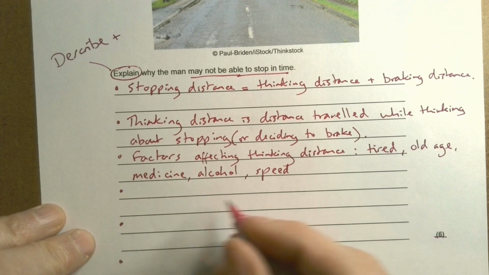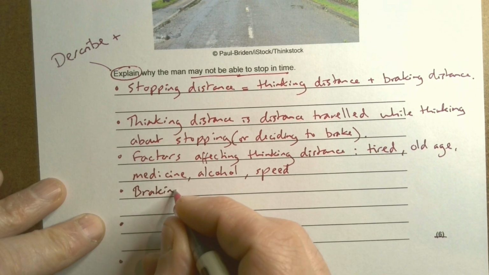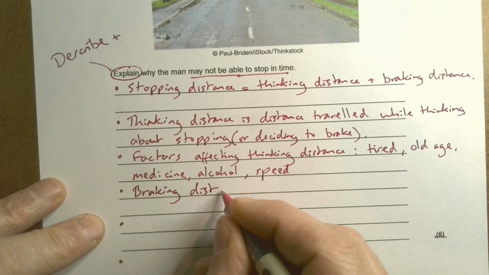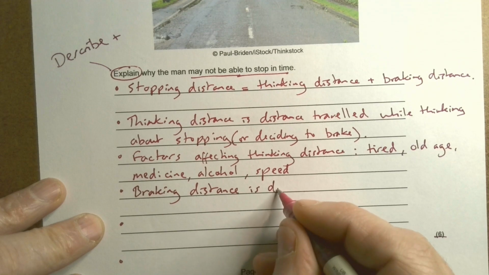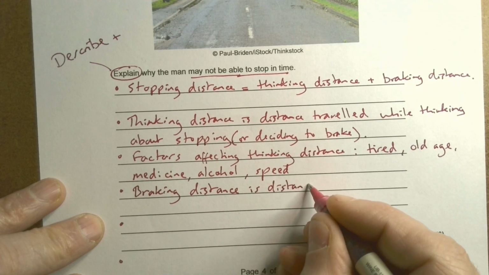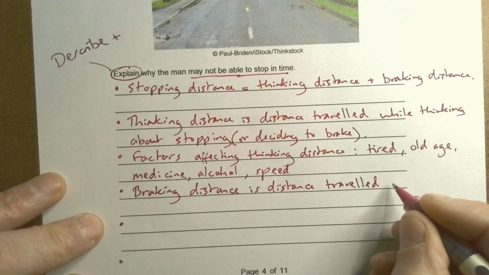We've then got braking distance. So braking distance is the distance travelled whilst the car is braking, whilst the brakes are on.